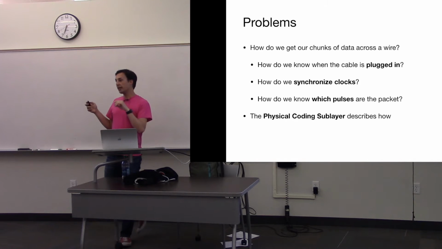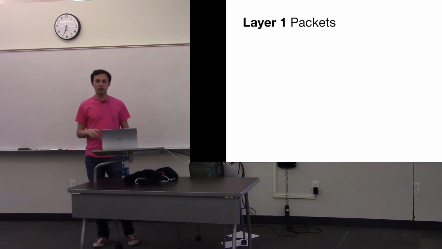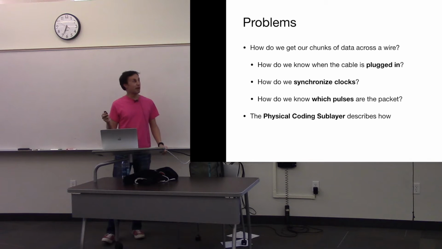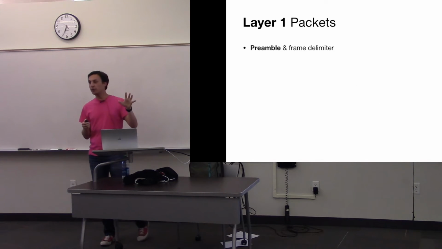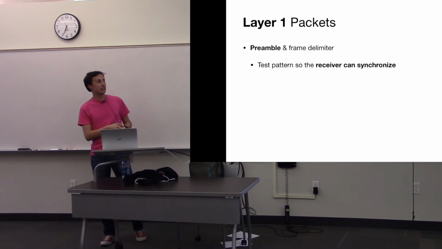So layer 1 has its own kind of packet. And what the layer 1 physical coding sublayer says is in a packet is a preamble and frame delimiter. This is how we actually notify the receiver that it's going to have to pay attention to what's coming next.